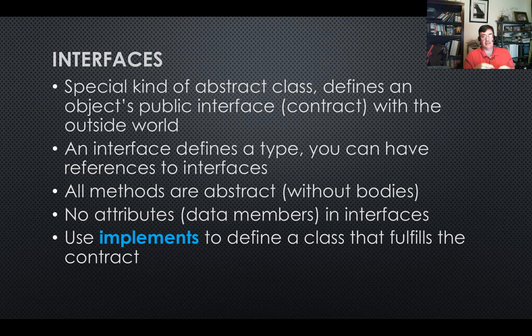It also cannot have any data attributes. So there's no data attributes in an interface, and there are no method bodies. There are only abstract method declarations. Unlike inheritance, which uses the keyword extends, interfaces use the keyword implements to define a class that fulfills the contract. It still implements inheritance in that it is going to derive from the interface.